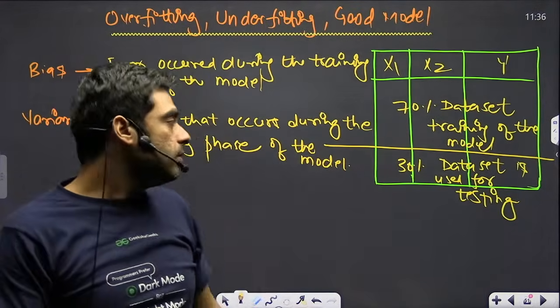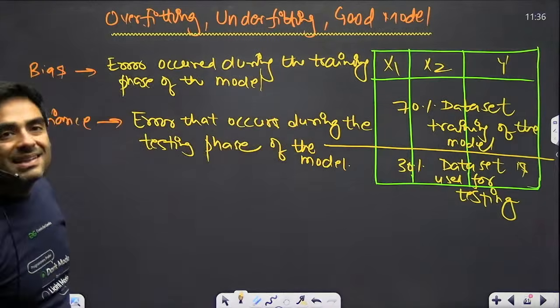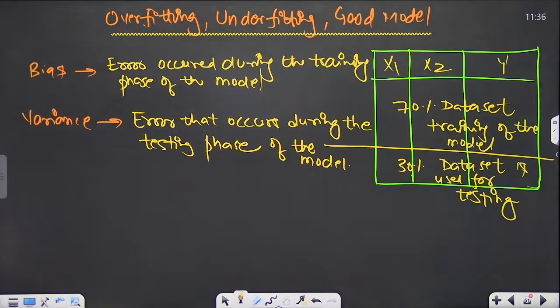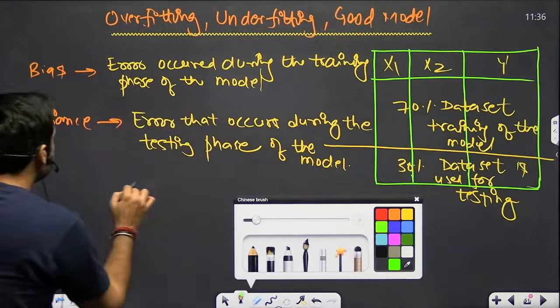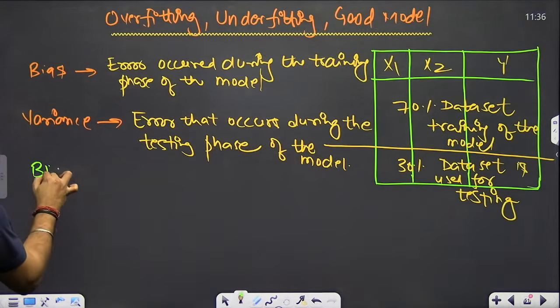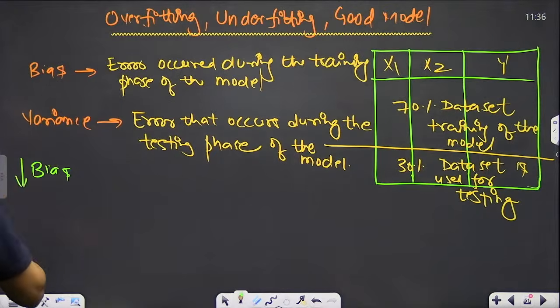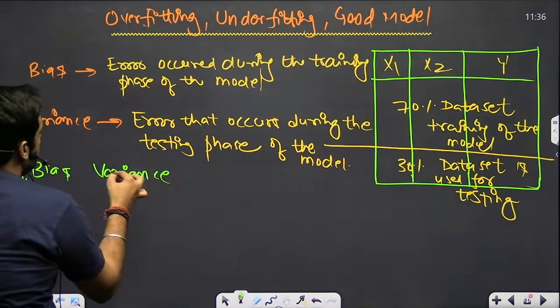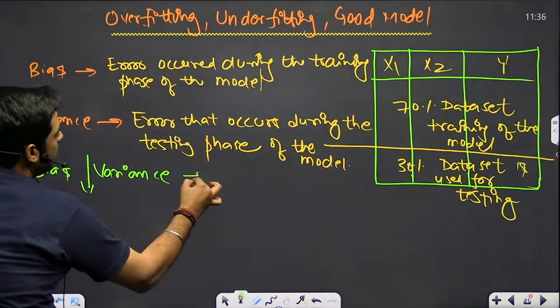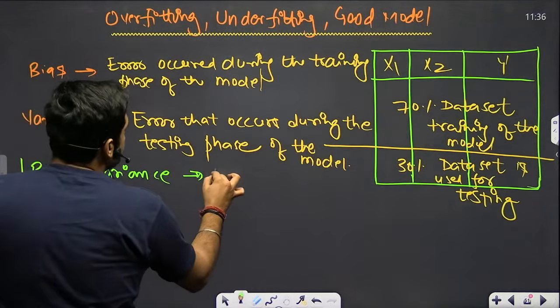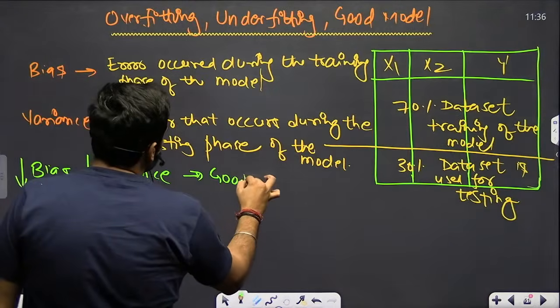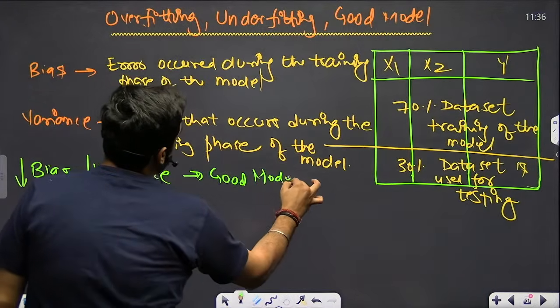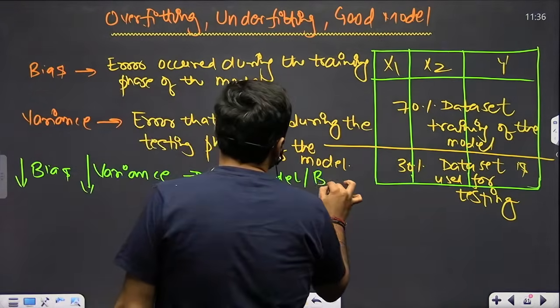Okay, now depending upon bias and variance, if the bias is low and variance is also low, that is termed as a good model or a balanced model.